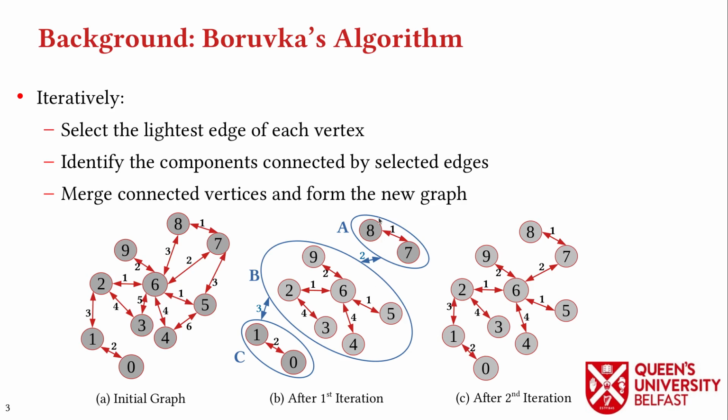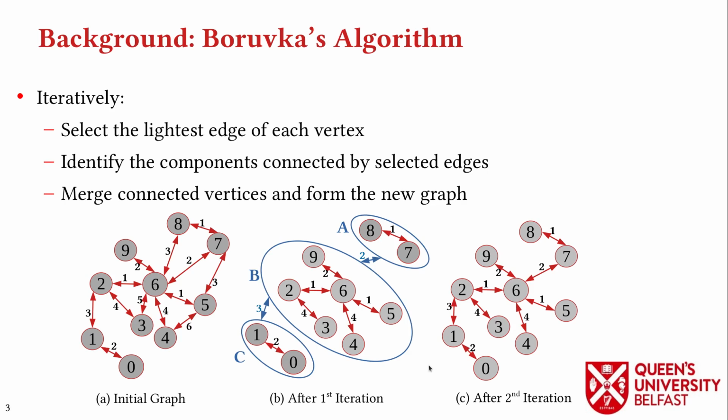And similarly, we have vertices in two other components. After the first iteration, the connected components by edges of the minimum spanning forest are merged, and we have three vertices A, B, and C that are connected by two edges of weight 3 and 2.